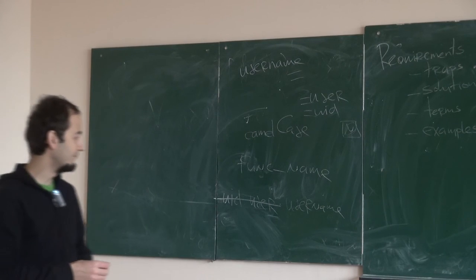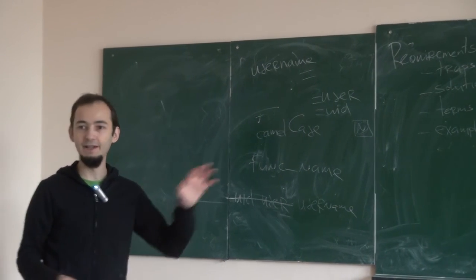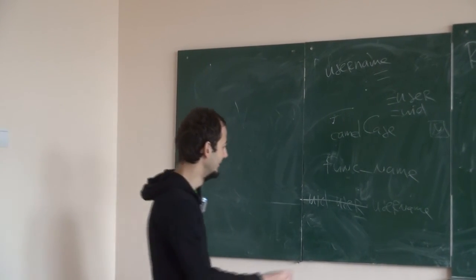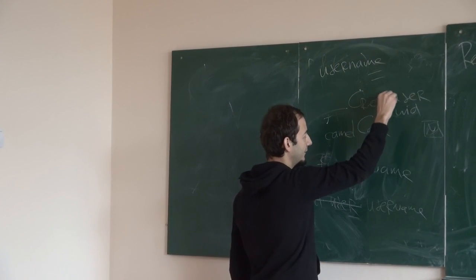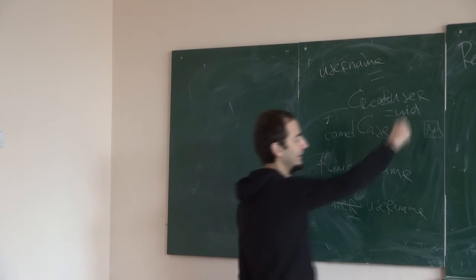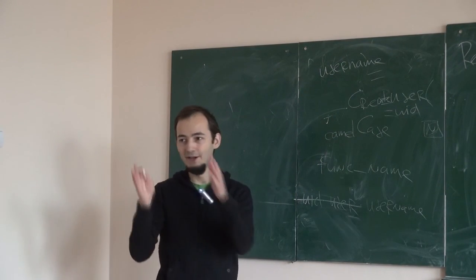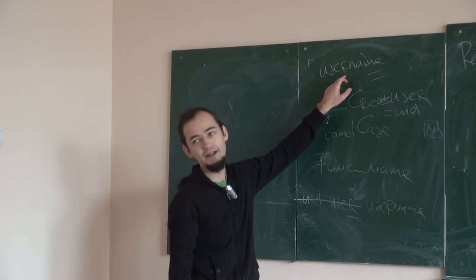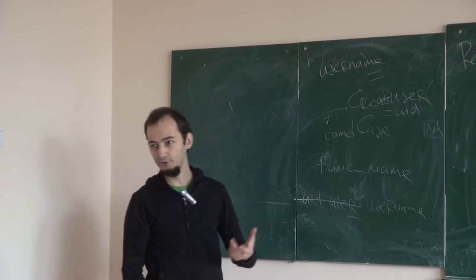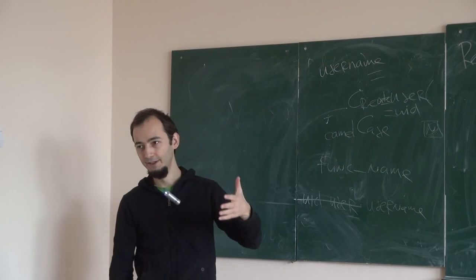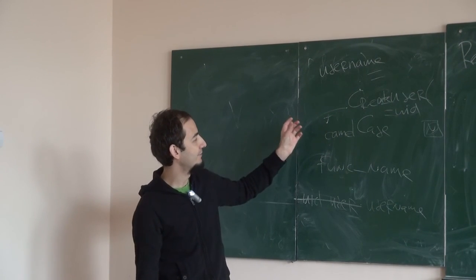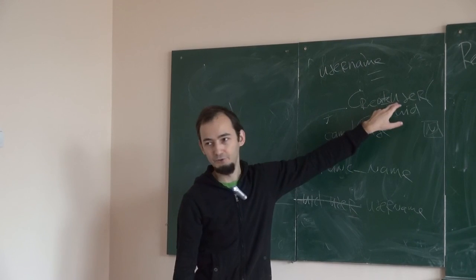Or one programmer who implements a function that does something with the user. For example, let's say you have a function called create user. And it has one argument at the input, which is the username. But the person who wrote this function read the whole manual, and he saw terms such as username, UID, and user.